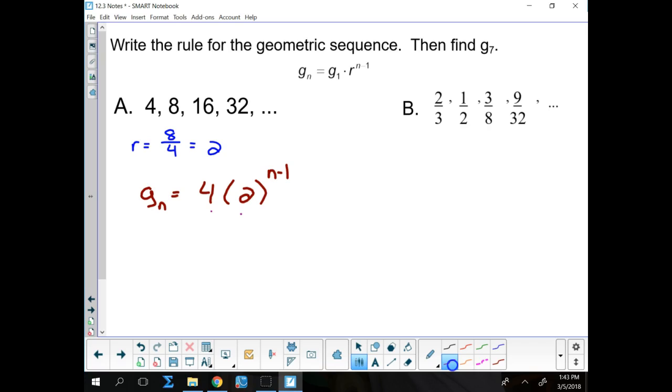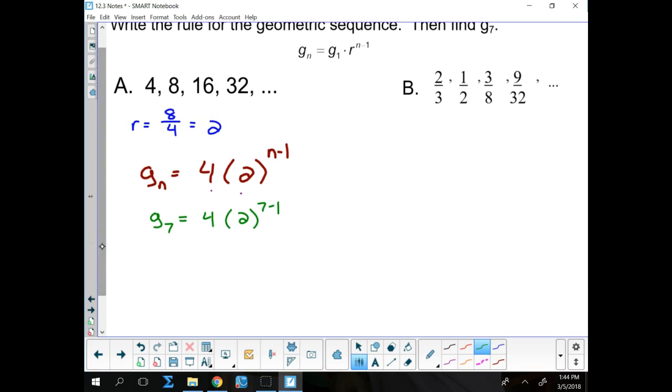Okay? Then it asks us to find the 7th term. So g sub 7 is going to be 4 times 2 to the 7 minus 1 power. 7 minus 1 is 6. So this is 4 times 2 to the 6th power. 2 to the 6th power is 64.